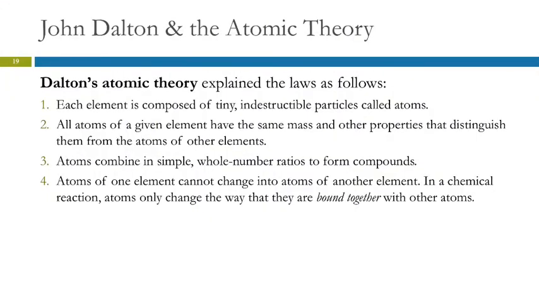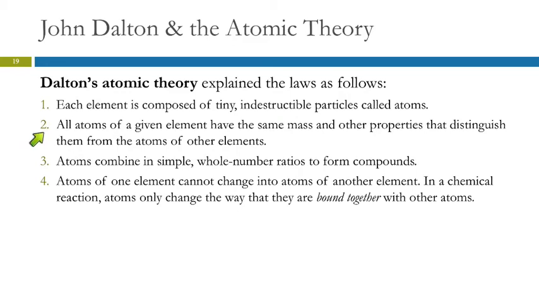So now that we've talked about the 3 laws that the atomic theory explains, let's talk about Dalton's atomic theory. He explained those 3 laws with these ideas. Each element is composed of tiny indestructible particles called atoms.